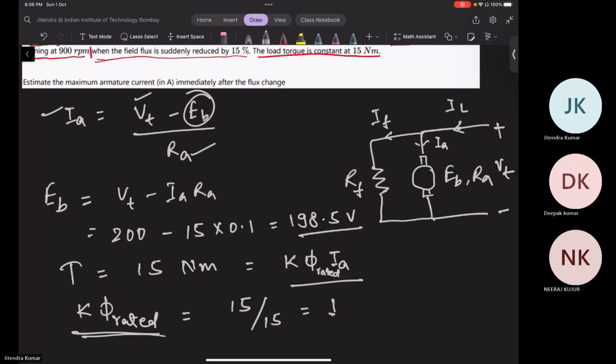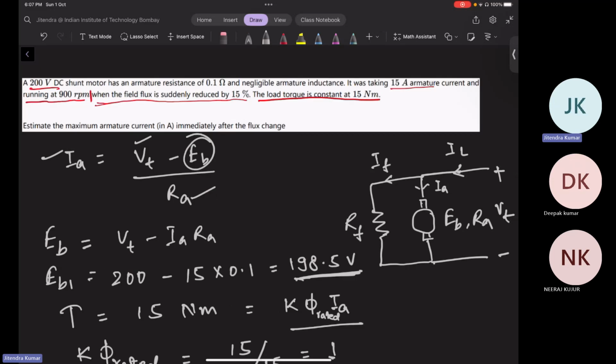Now, when you had the rated condition, now field flux is suddenly reduced by 15%. And to maintain the same speed, that you need to find according to this problem, right?